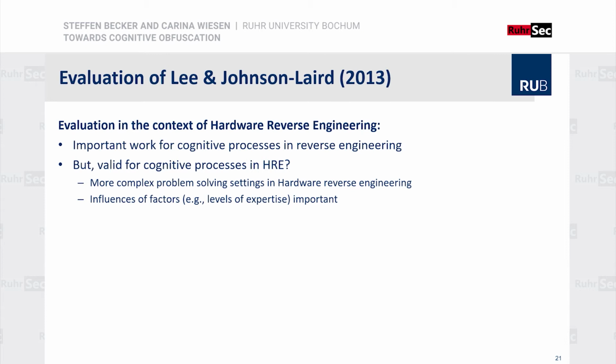Remember the netlist visualization in the beginning. Furthermore, important influences of individual preconditions like the level of expertise or prior domain-specific knowledge might be thinkable factors which influence the problem-solving processes in hardware reverse engineering as well, but which were not studied in Lee and Johnson-Laird's experiments.